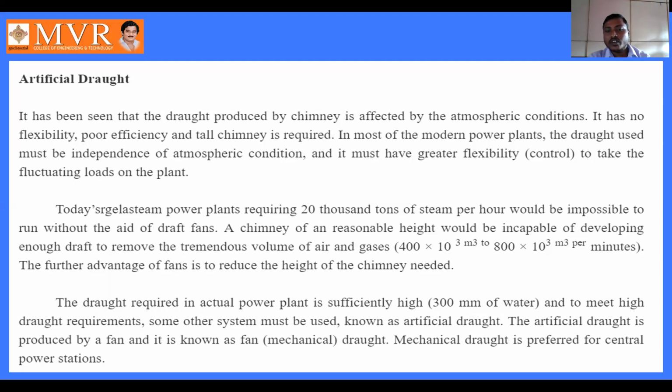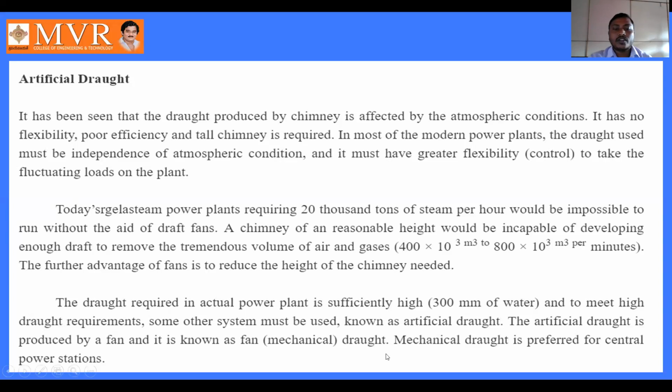A chimney of reasonable height would be incapable of developing enough draft to remove the tremendous volume of air and gases. Without it, it is impossible without the height of the chimney.